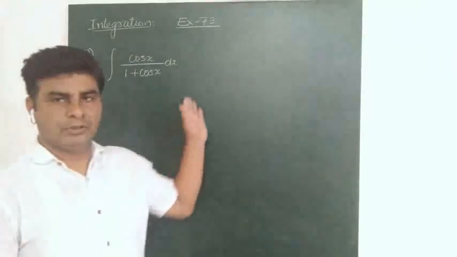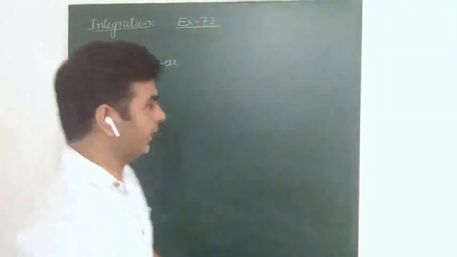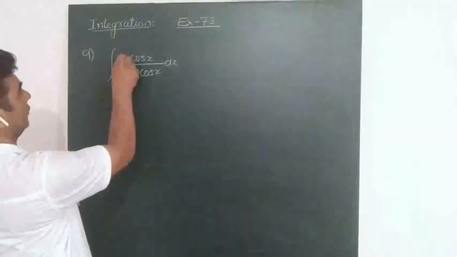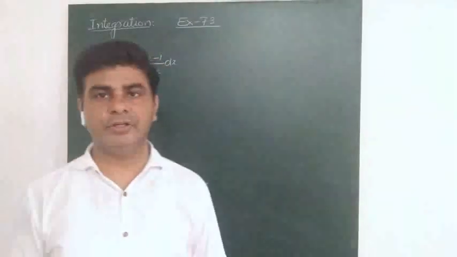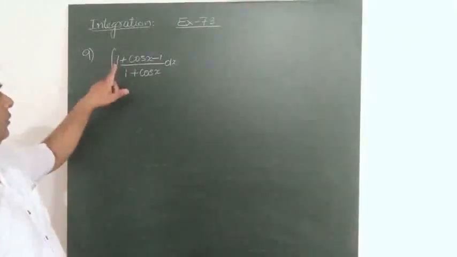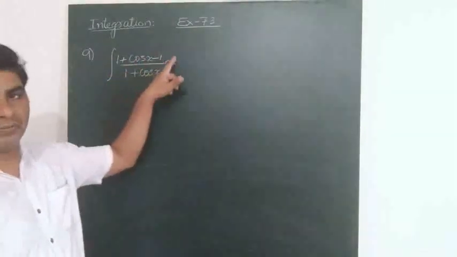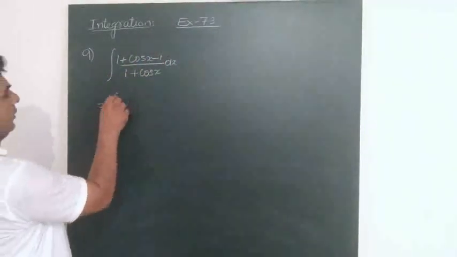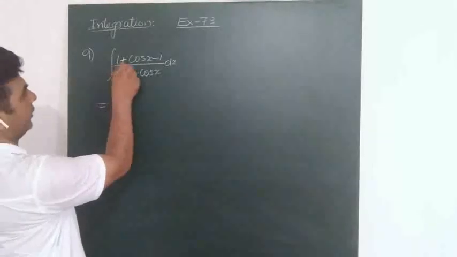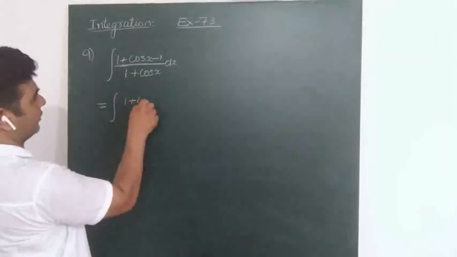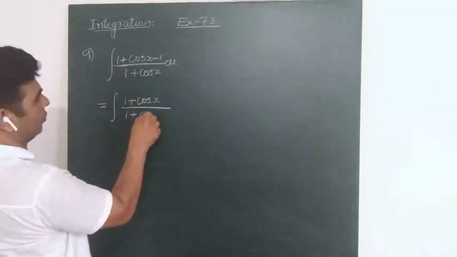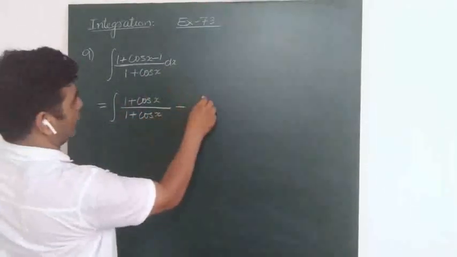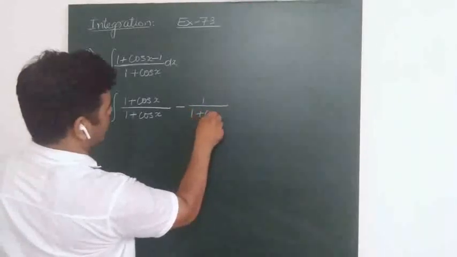So let me make it the same by adding and subtracting in the numerator. That is, we add 1 and subtract 1 in your numerator. So we will find this is 1 plus cos x minus 1. So let me separate the terms by taking 1 plus cos x as one term, dividing by the denominator, which is 1 plus cos x, and minus 1 over 1 plus cos x.